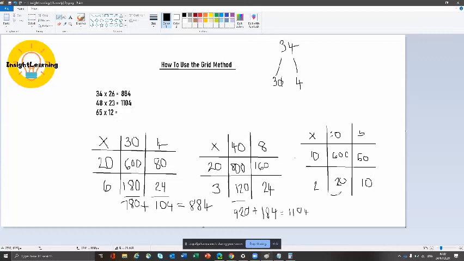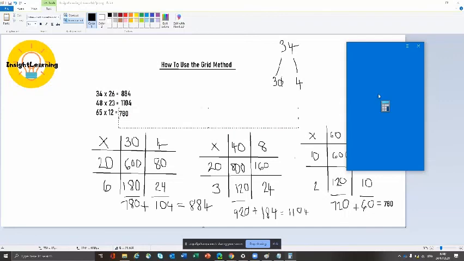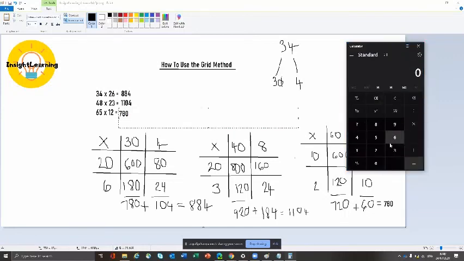Add together 600 and 120, which gives us 720. As we have to add up these four numbers all together. Add 50 add 10, which gives us 60. 65 times 12 equals 780.